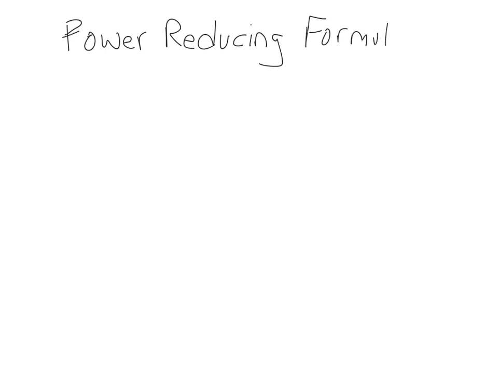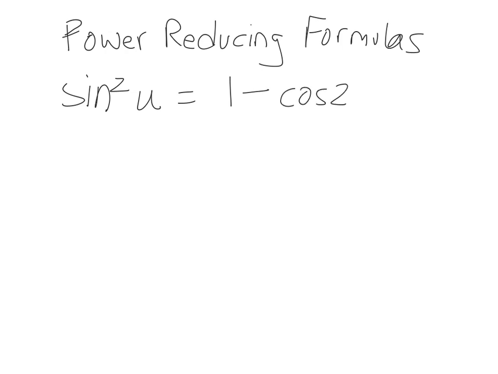Now, another thing that we're going to have to recall from last year is some formulas that you learned in trig. Those are called the power reducing formulas. There were 2 of them, and they're going to come up over and over again in our lesson. The sine squared of u was equal to 1 minus the cosine of 2u over 2.